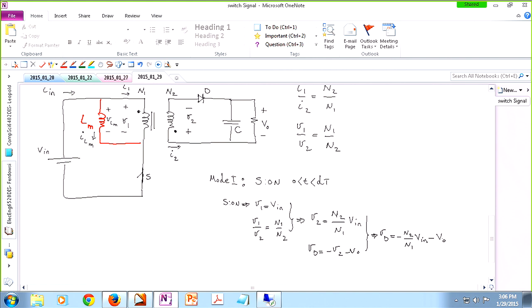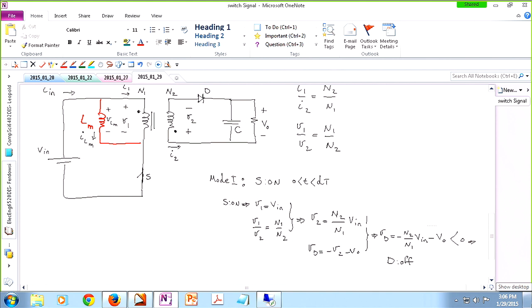Assuming Vin is positive, Vout is positive, and N1 and N2 are integers, so they are positive, representing the number of turns. So everything is negative, and therefore this whole thing is negative, and therefore the diode is off, because the voltage drop on the diode is negative. Okay. Kind of what we expected, basically. In all of these topologies, you turn the switch on, diode turns off, assuming the designer or the inventor of the converter has done a good job with their discovery. Anyway, okay.